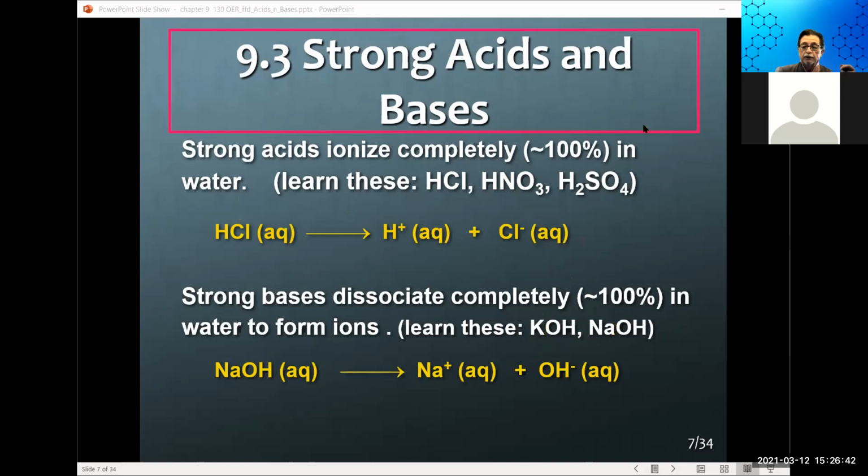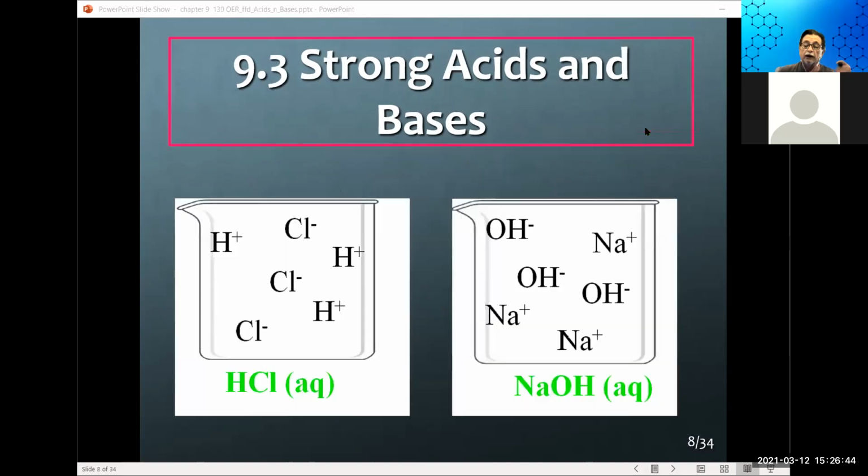Clear this up. Now, if I need to draw a diagram of a strong acid or strong base, I would depict it as follows. Here's a picture of a beaker of water with hydrochloric acid in there. Now, since hydrochloric acid is defined as a strong acid, that means that everything gets dissociated. So I would draw 3 or 4 pairs of the ions.